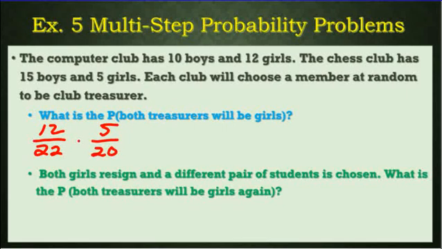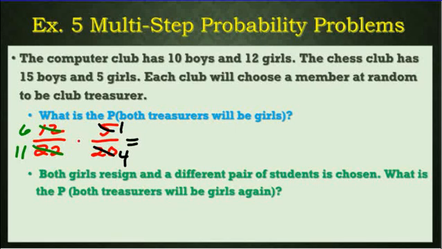We want to find the probability of both of those. So we're going to do some simplifying first. I can divide a 5 here and get 1, and divide a 5 here and get 4. I can divide a 2 here and get 6, divide a 2 here and get 11.